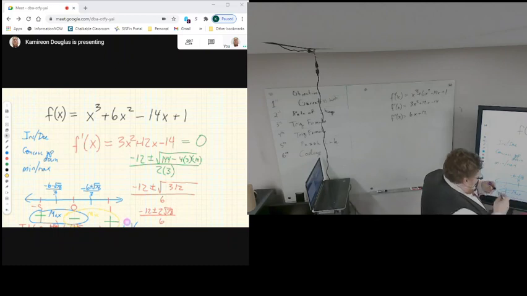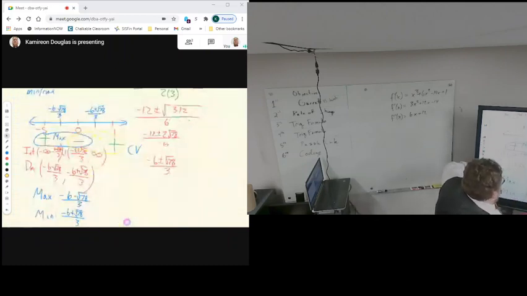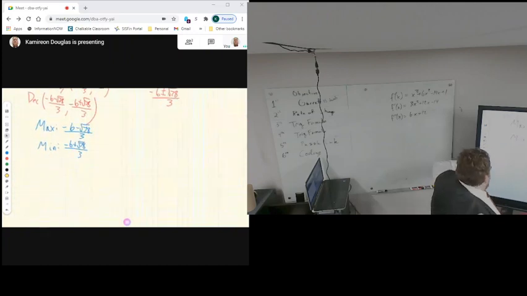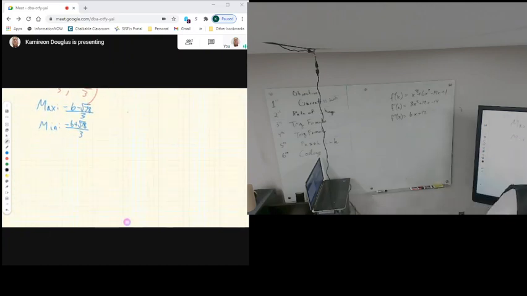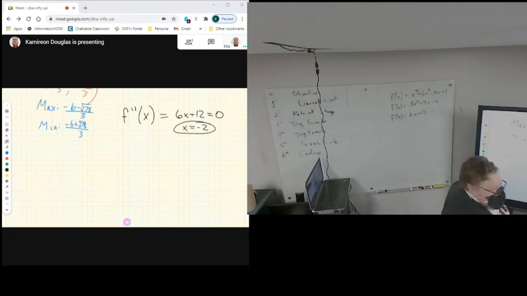Concavity. Before I can answer concavity, I need to determine the points of inflection. Remember, these are the places where our second derivative is equal to 0. So we take our f double prime, 6x plus 12, that equals 0. And yes, x equals -2. So test values around it.